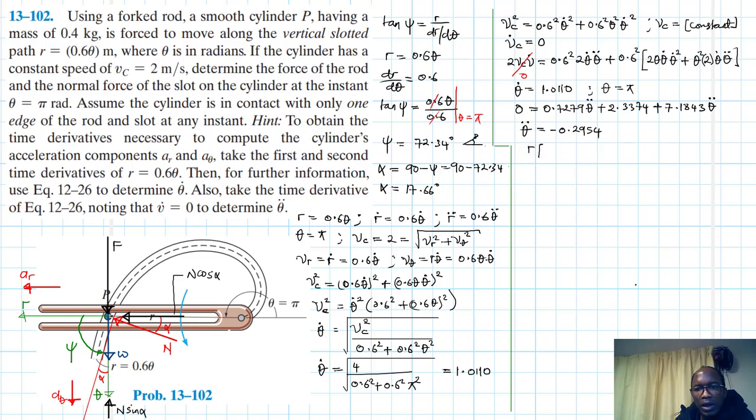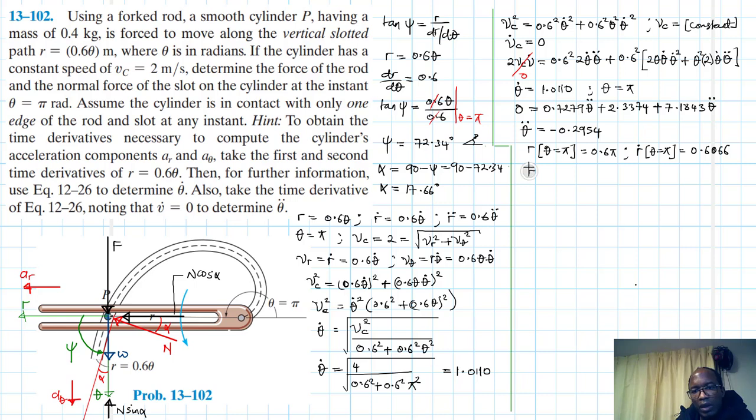So our R at theta equal to pi is equal to 0.6 pi. Then R dot at theta equal to pi is equal to 0.6 theta dot. What is our theta dot? We can multiply this. So this just becomes 0.6066.